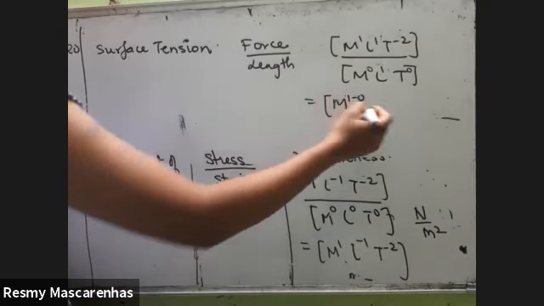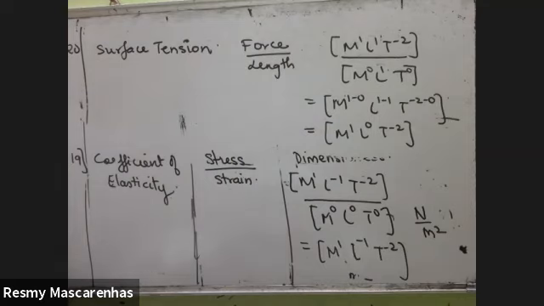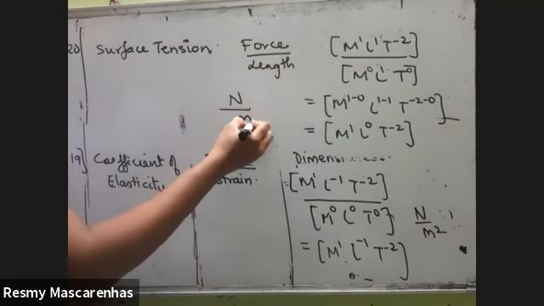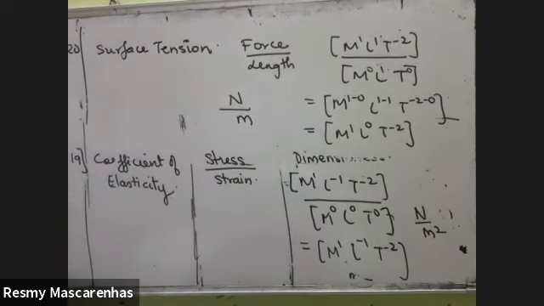The answer will be, force upon length, nothing but force means Newton, just write the unit at the side, and length means meter. So this is the unit for surface tension.